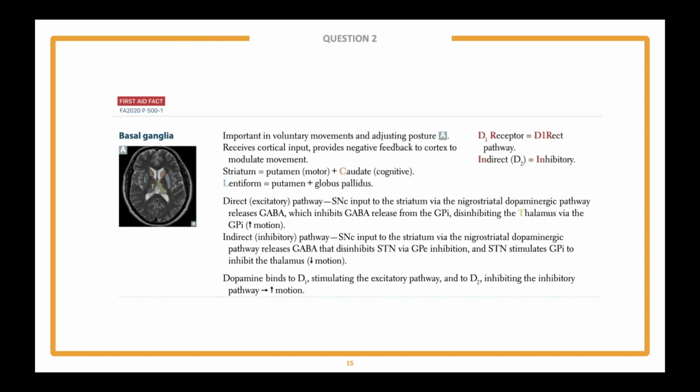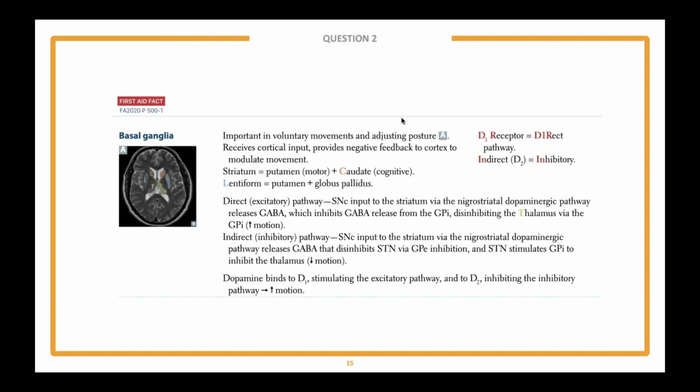And that projects from the substantia nigra to the striatum, which includes the putamen and the caudate, where there are 2 main classes of dopamine receptors, dopamine 1 receptor and dopamine 2 receptor. And this question was asking us about those receptors, okay?